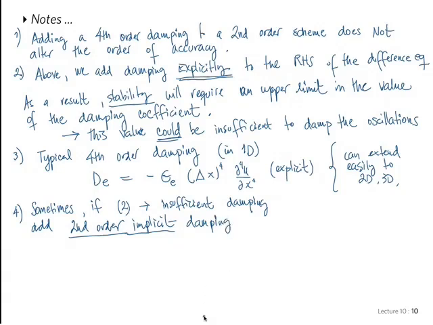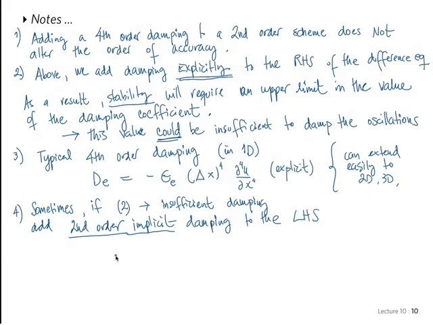described in point number 2 happens, that is that the upper value of the damping coefficient allowed by stability is not enough to dampen your oscillations, then you could add, in addition, a second order implicit damping. That means we're adding it to the left-hand side of the equation.